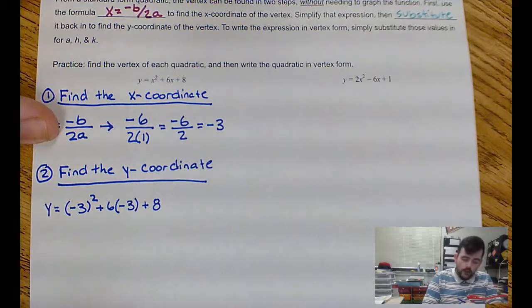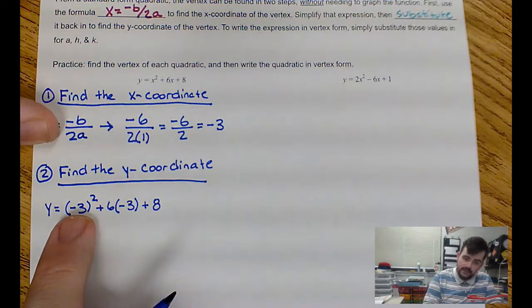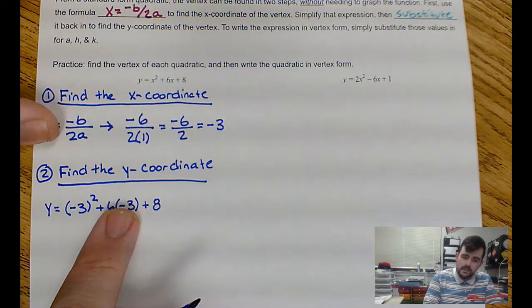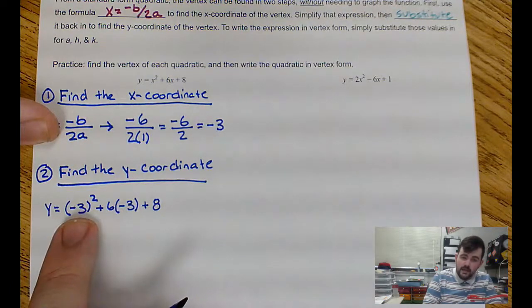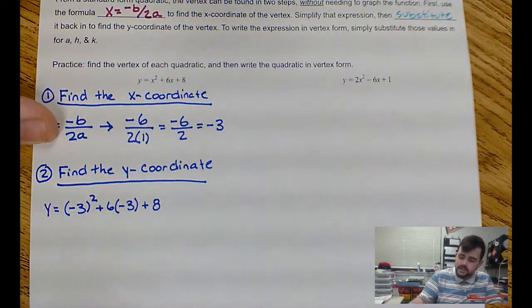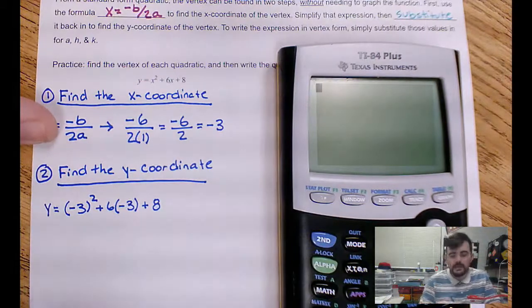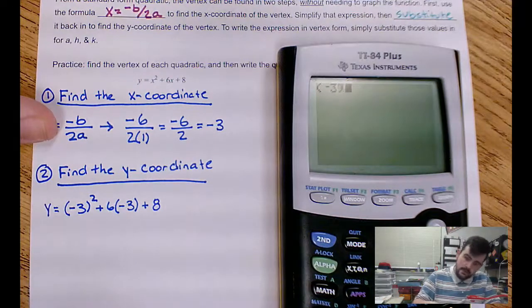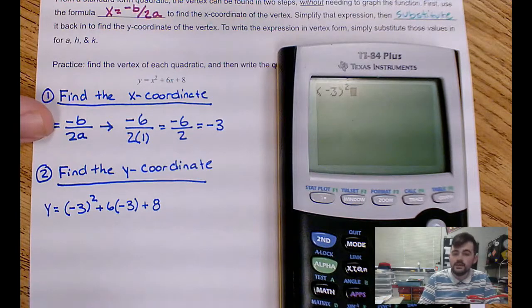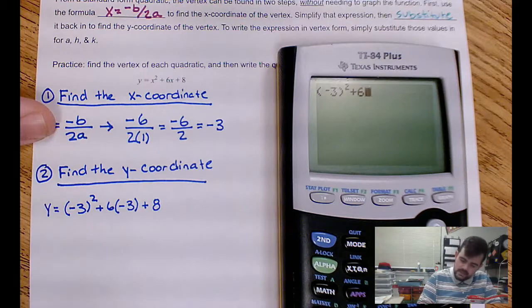Now, you could totally do all that work by hand. Say negative 3 squared is positive 9, and then 6 times negative 3 is negative 18, and then subtract and then add. But honestly, especially for some of these more complicated quadratics, you've got this calculator. Just carefully type it in. Negative 3 squared. Make sure you put parentheses around that negative if you're going to square it. Plus 6 times negative 3 plus 8. That gives you negative 1.